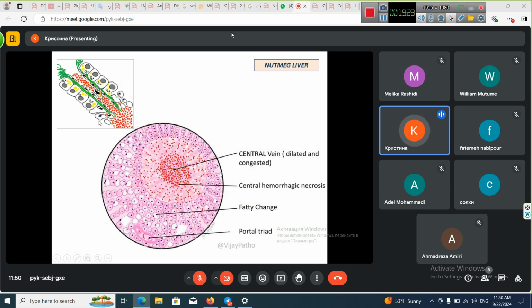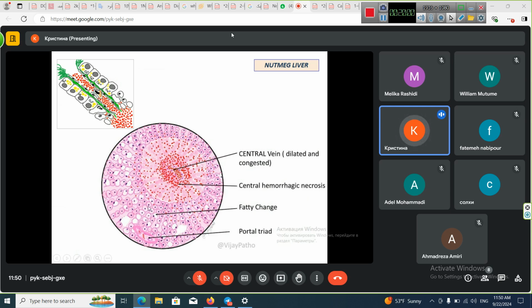This area corresponds to the area where hepatocytes are dead. Central means closer to the central vein and to the center of the lobule. Hemorrhagic necrosis means death of cells and bleeding of capillaries. So erythrocytes go to the spaces between the dead cells. This is what we see in this zone.